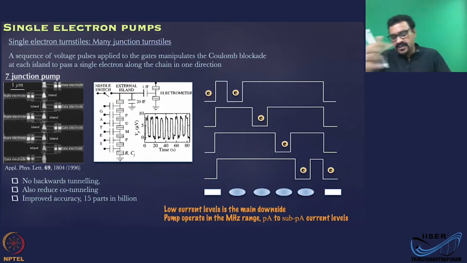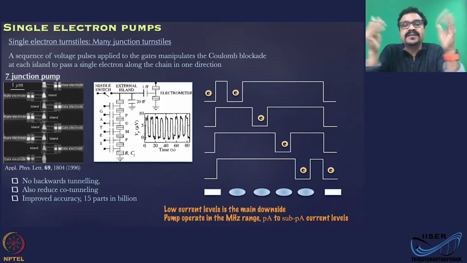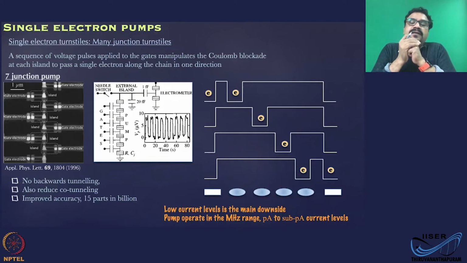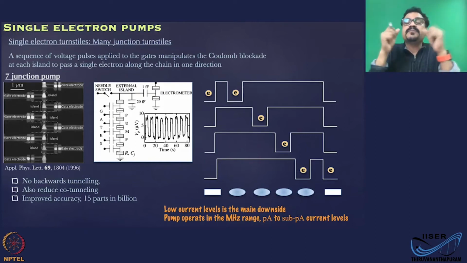If you look at these many-junction circuits, all these events need to happen by single electron charging phenomena. And if you consider the whole circuit, the overall frequency scale at which you can operate is much lower, only in the megahertz range. At megahertz tunnel rates, the corresponding current is picoampere or sub-picoampere.